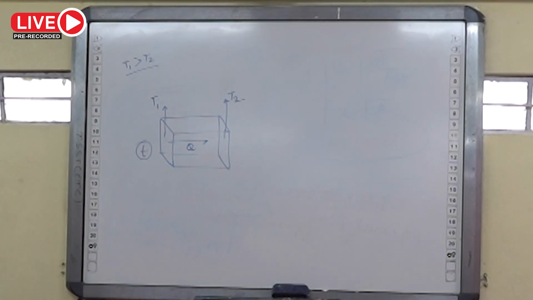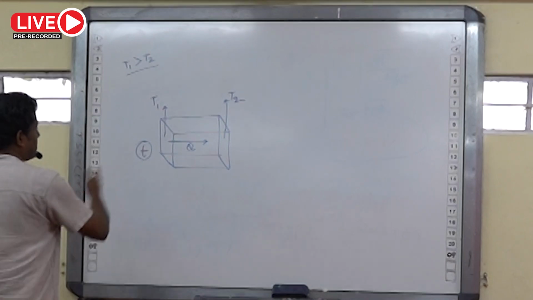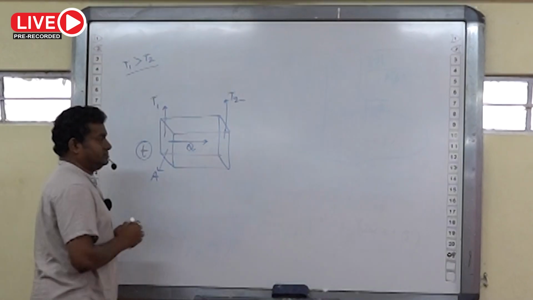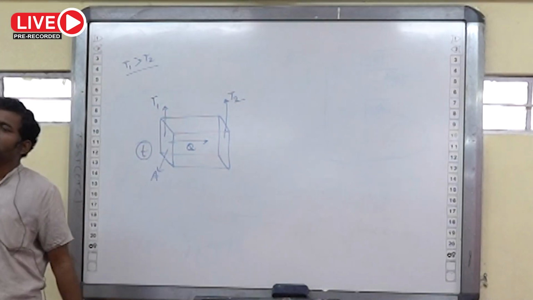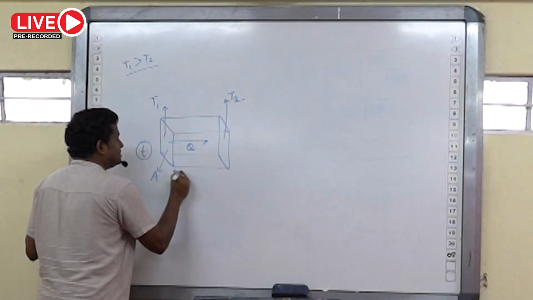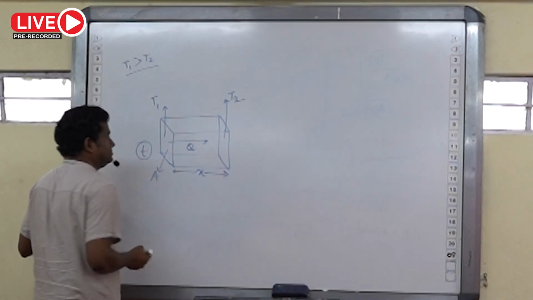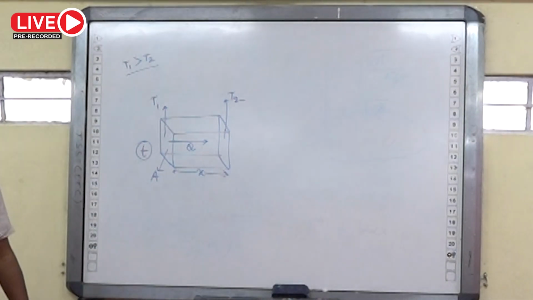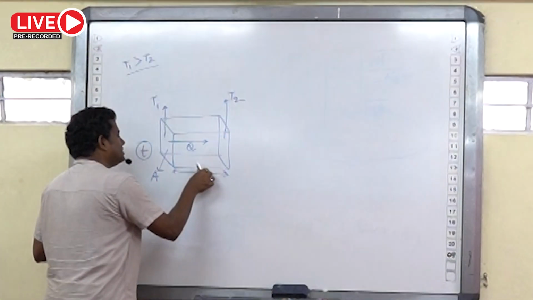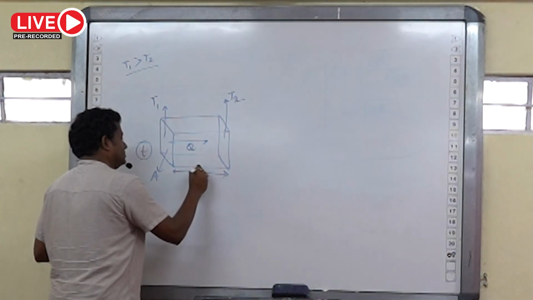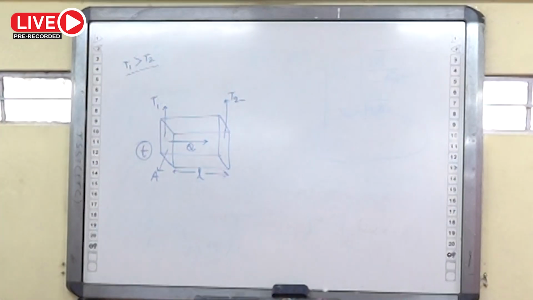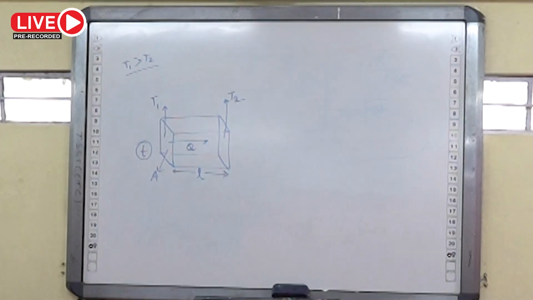Then we also consider that each of these two perpendicular surfaces has the area of cross section capital A, and the distance between these two perpendicular surfaces is L.